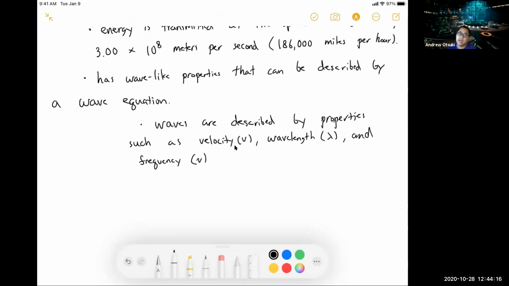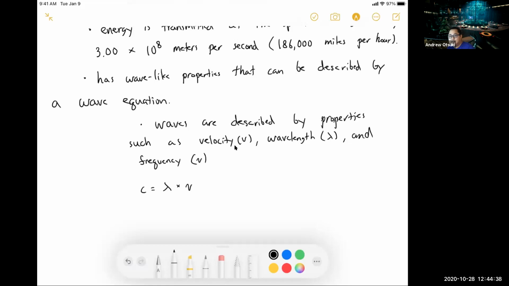So frequency and velocity are different. V is for velocity, nu is the Greek letter for frequency. The relationship is that the speed of light is equal to the wavelength times the frequency. In this case, wavelength and frequency are inversely proportional.